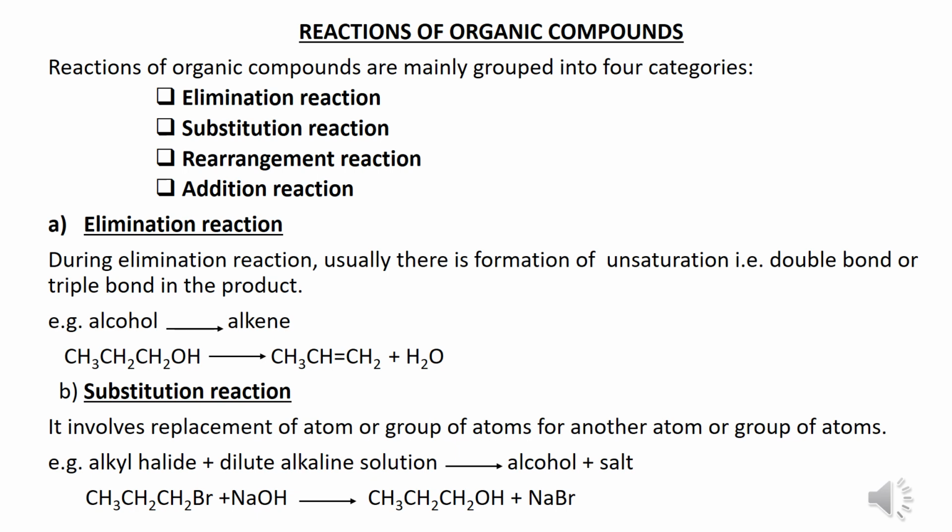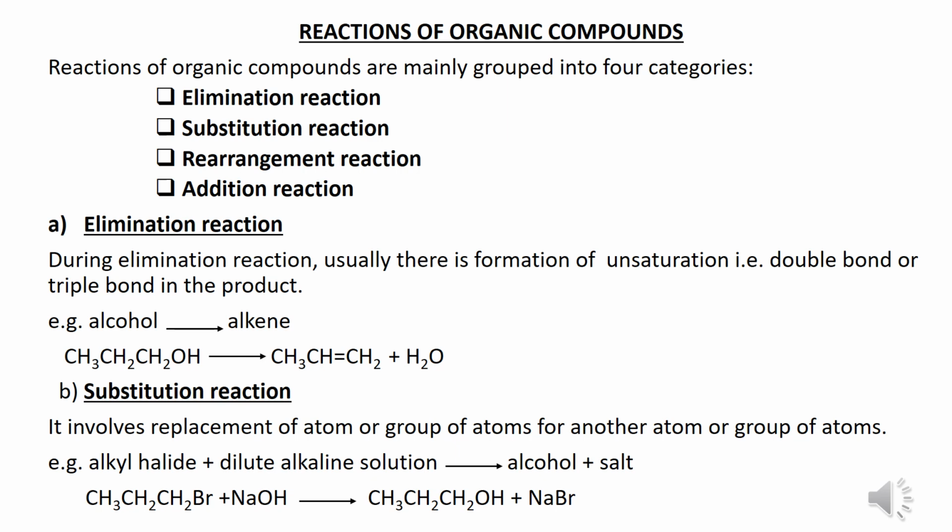Substitution reaction involves replacement of an atom or group of atoms by another atom or group of atoms. For example, alkyl halide plus dilute alkaline solution gives us alcohol and salt.